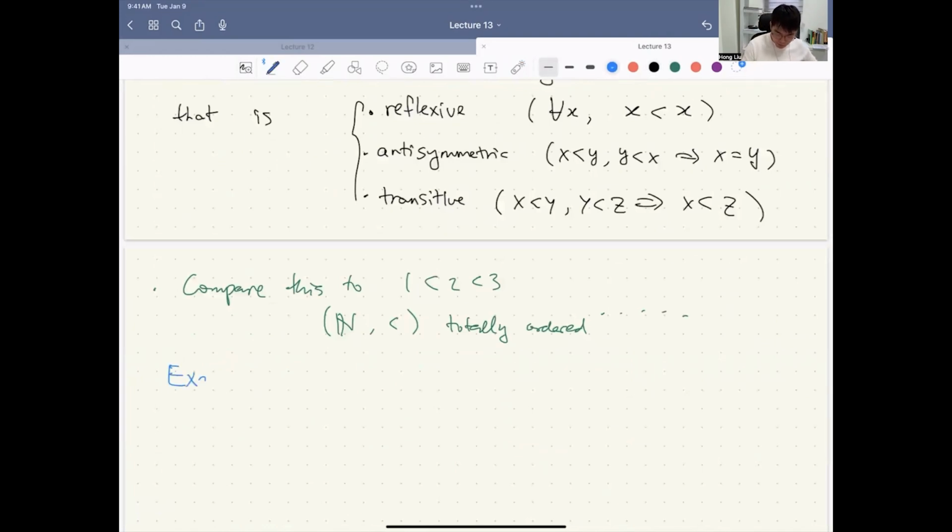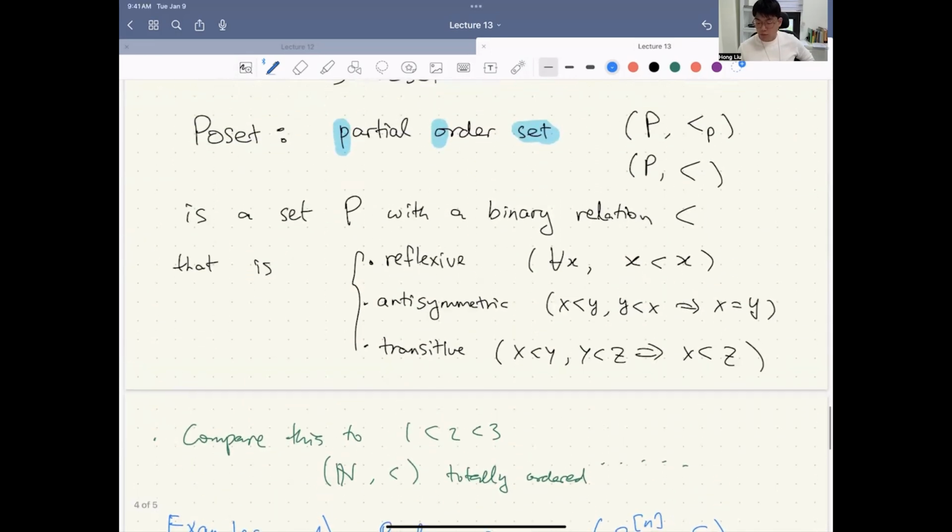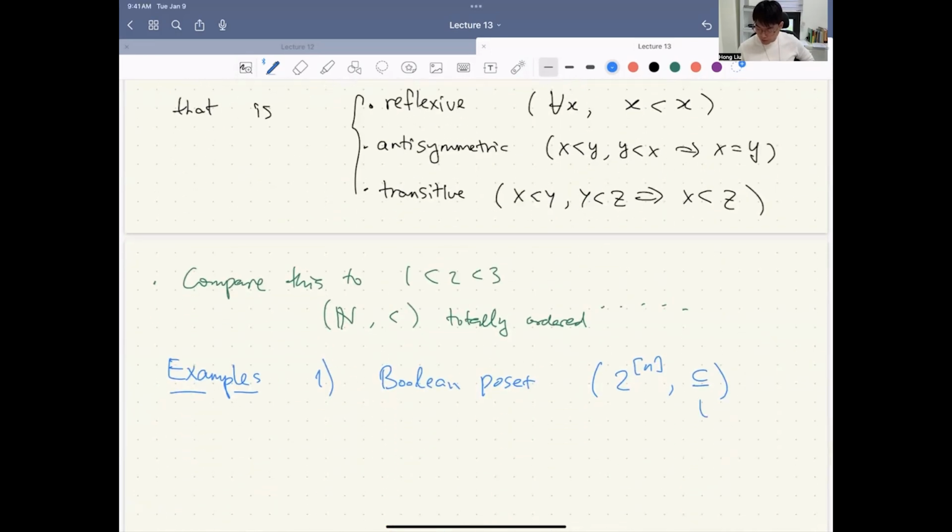Examples. We have already one example. The first one is called Boolean posets, where the ground set is 2 to the n, and the binary relation is subset containment.